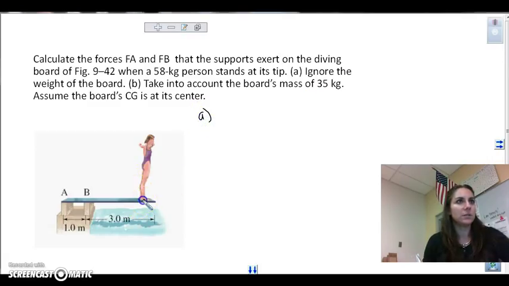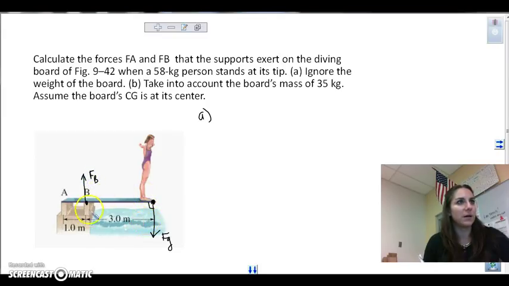Looking at this person, although she's over here, we'll just assume she's at the end of the board, right here. She applies a force downward with her weight. This is perpendicular, so we don't have to do any sines. B will also supply a force, and I'm assuming it applies a force upward.